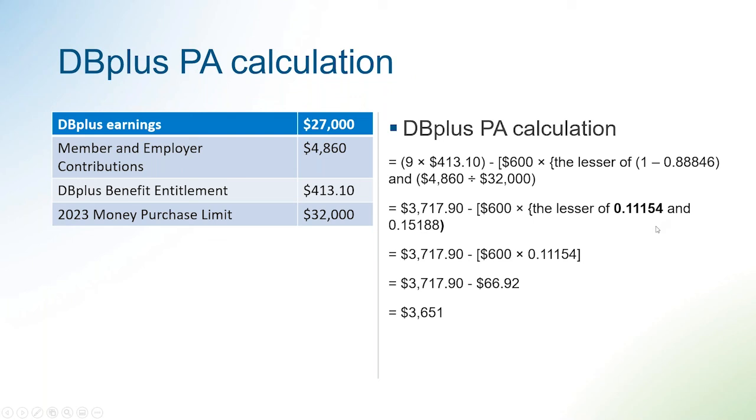The contributions of $860 divided by $32,000 is 0.15188. In this case, 0.11154 is lower and will be used to prorate the PA offset. The DB Plus PA will be $3,651.